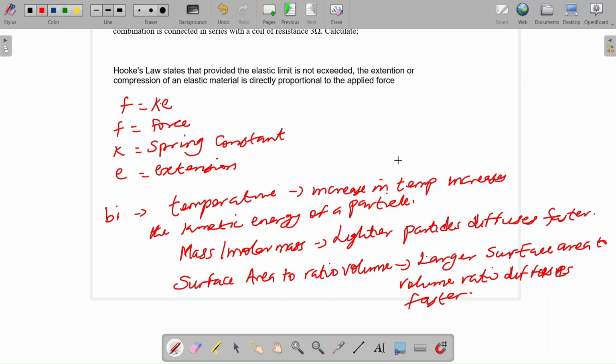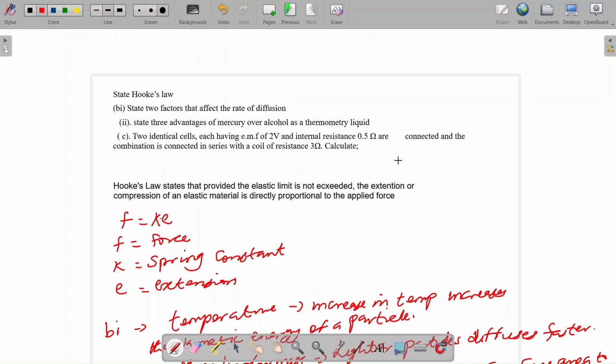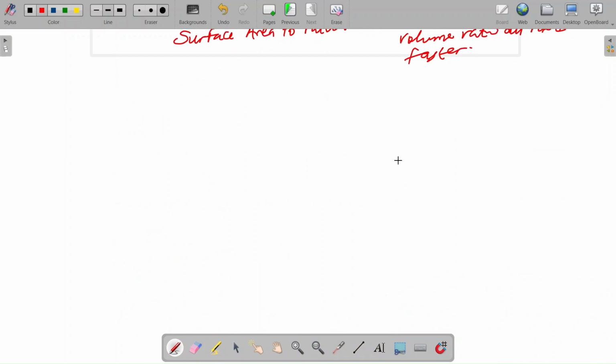So the other one is: state three advantages of mercury over the very common one. Is it number 3, Abby? Advantages of mercury. So mercury does not wet glass.